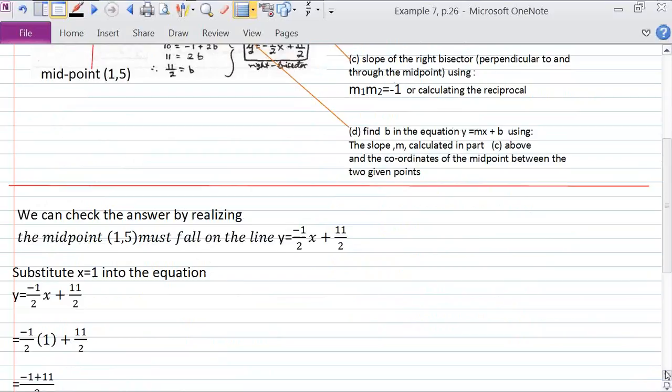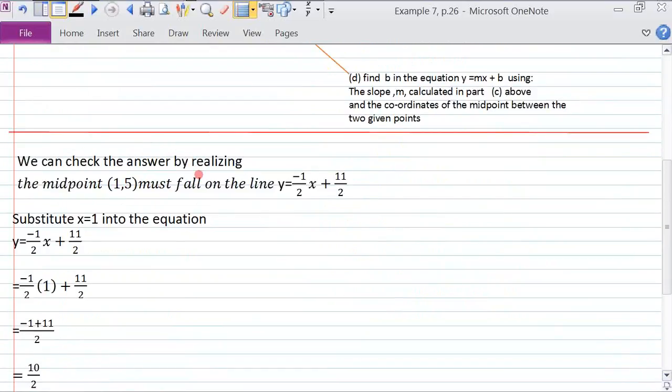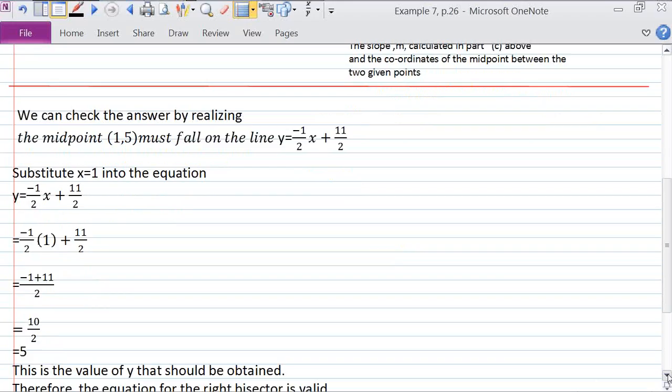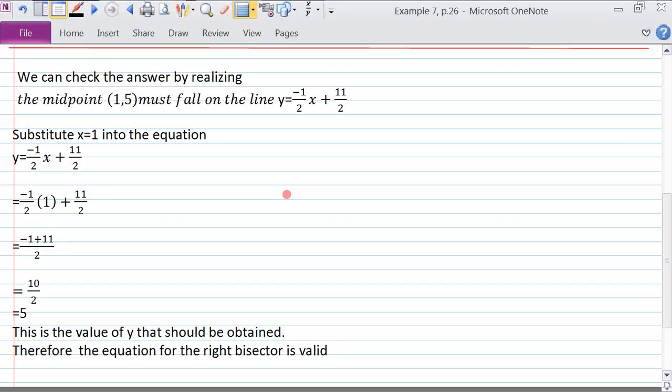Now, again, we can check the answer by realizing that the midpoint must fall on this line. If there's something wrong with the slope, for example, it won't work out. So we substitute x equals 1 into the equation. We get minus a half times 1 plus 11 over 2.